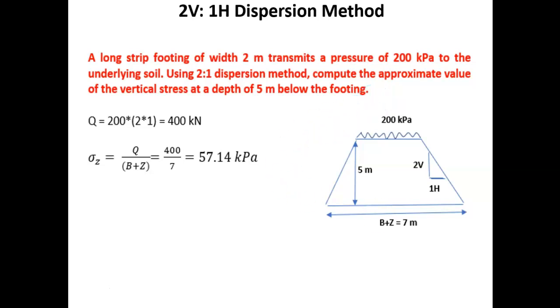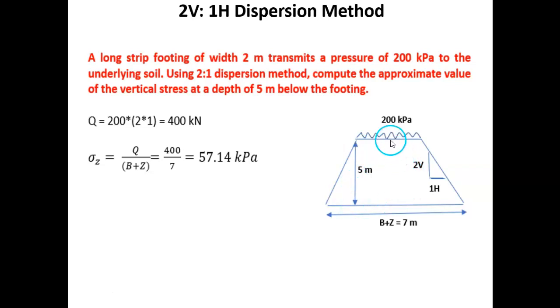So here there is a strip footing of width 2 meter and the UDL acting on this strip is 200 kN per meter square. Here it is asked to use the 2:1 dispersion method, to compute the value of vertical stress at a depth of 5 meter below the footing.